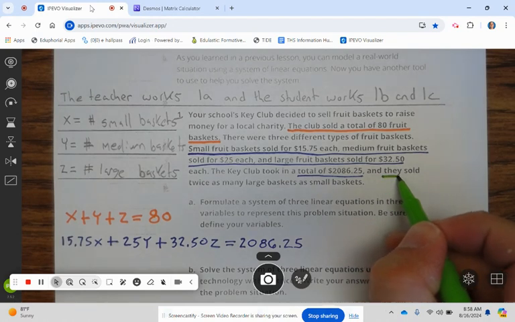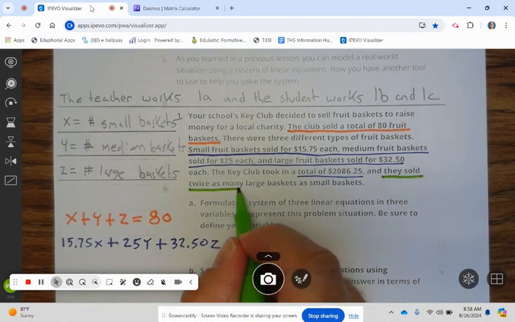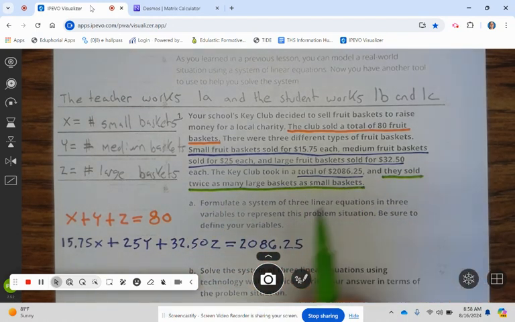And then last equation, they sold twice as many large baskets as small baskets.